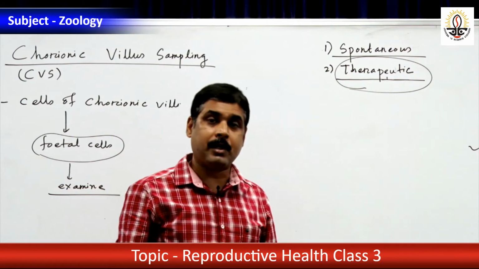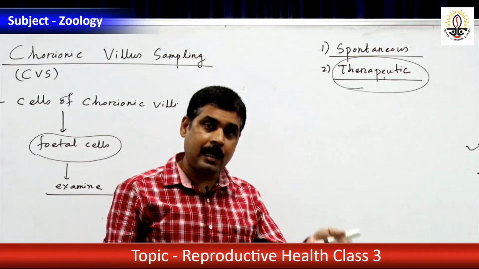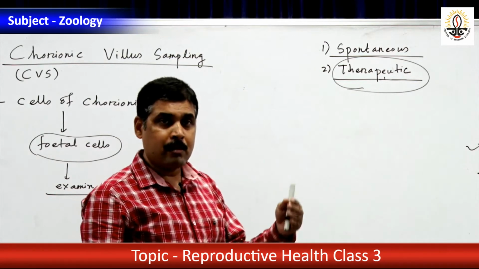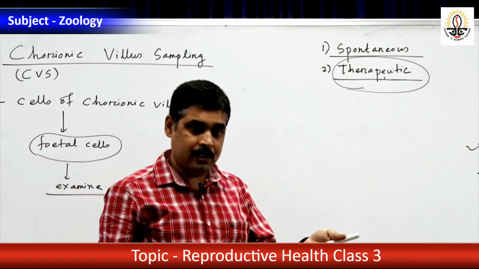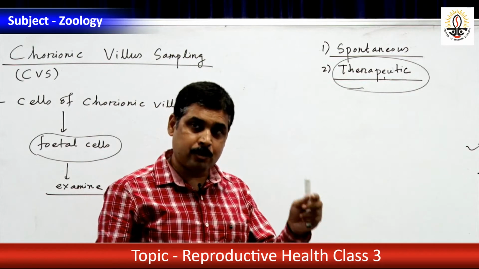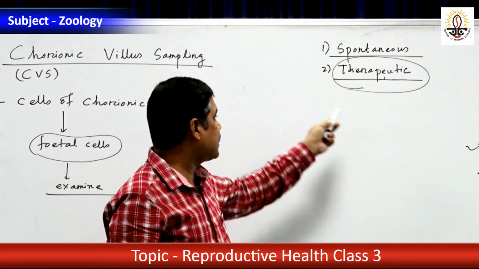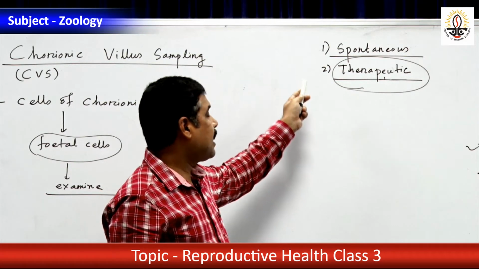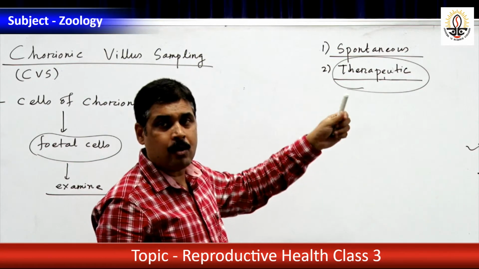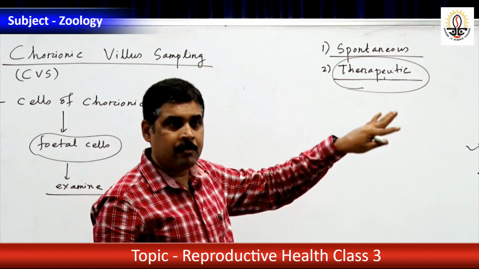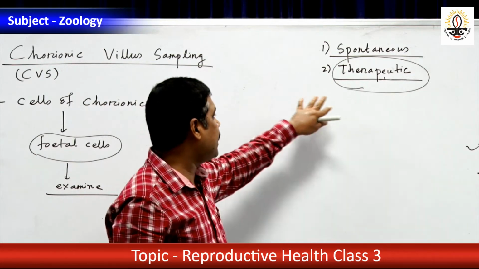MTP is carried out by means of medical advice, with so many instruments under medical supervision, and that is called therapeutic. So remember, spontaneous means unrecognized, and if it is carried out by doctor's advice, that is called therapeutic.